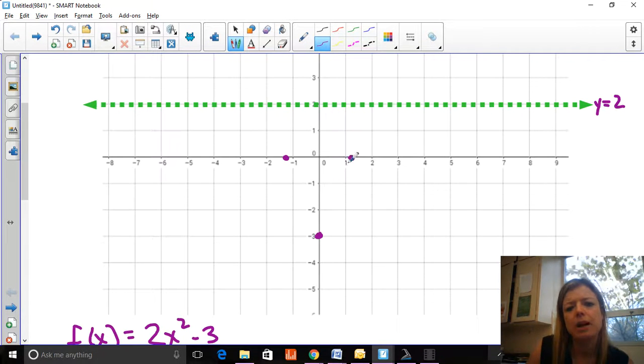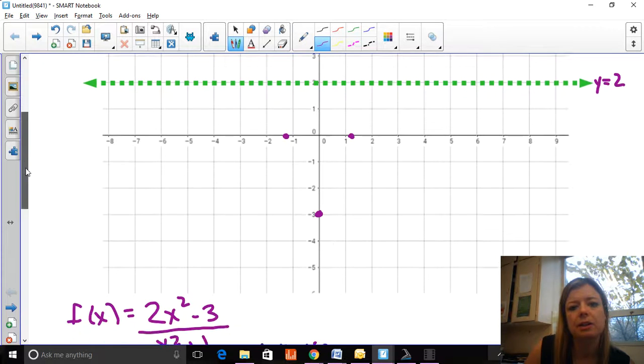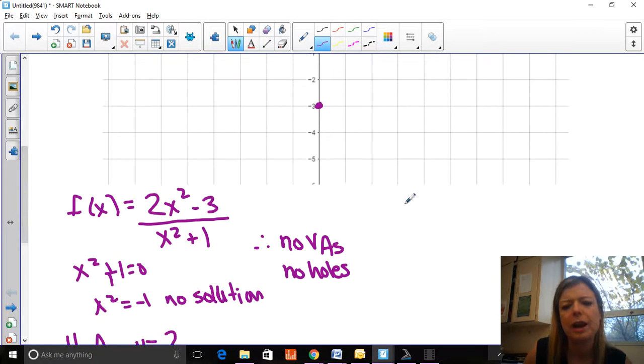I'm guessing that after root 3 over 2 it's going to increase and then approach this asymptote. And before here it's going to be positive and increase toward this asymptote, and that in between it'll go down and then back up. But I have to double check to make sure that that's true.